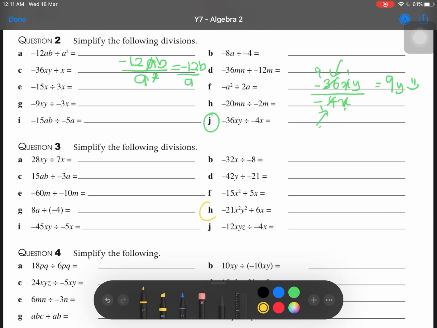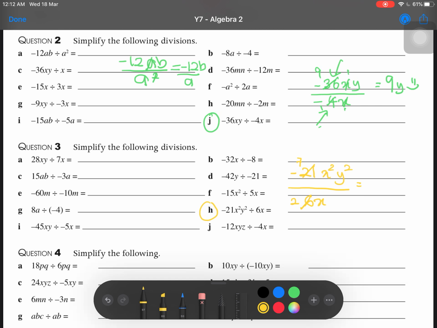Maybe I'll choose H. Okay, let's look at question H. So negative 21 x squared y squared over 6x. First of all, you look at the number part. Both are multiples of 3, and you can divide both by 3, so it becomes 2 and 7. Okay, in terms of numbers, we are done.